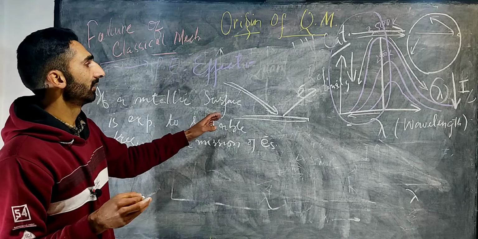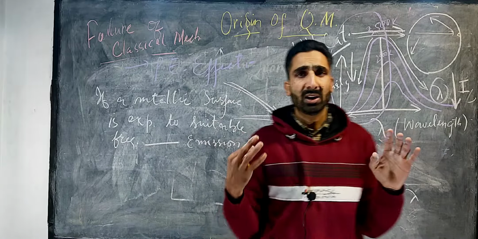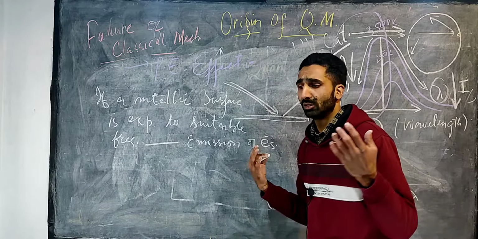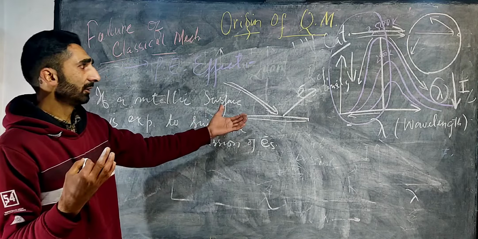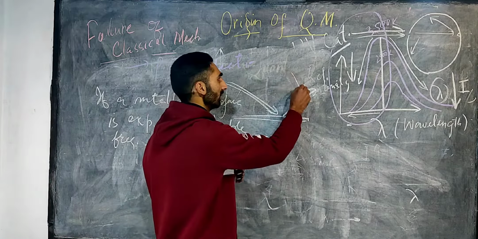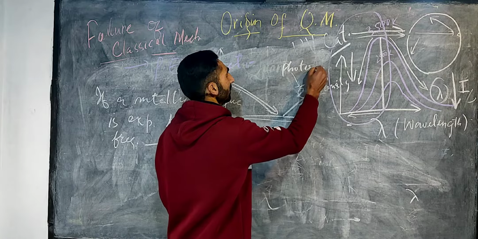If we draw a circuit, there will be a current inside the circuit, which is known as the photoelectric current, and these electrons are the photoelectrons.